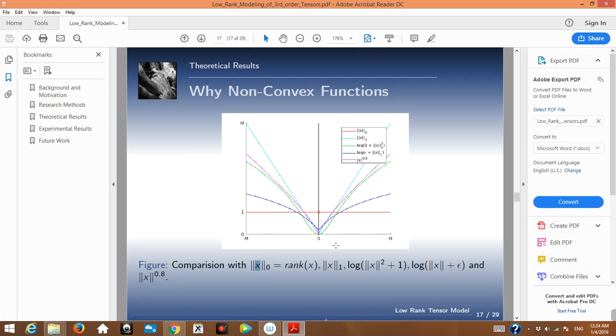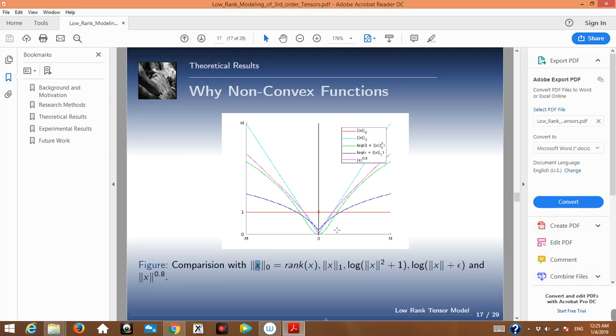And if x becomes bigger, you can see the nuclear norm is linear. So when x becomes a very big number m, the nuclear norm is very different from the rank. You can see the nuclear norm is much bigger than 1, so the gap is very big.